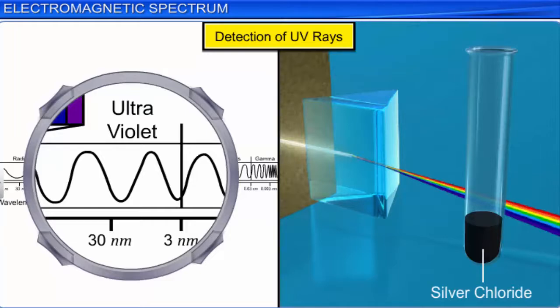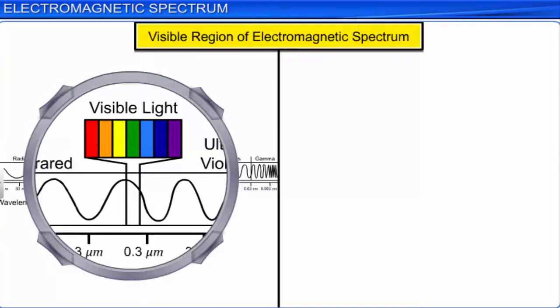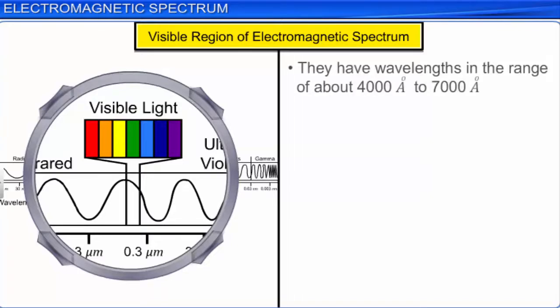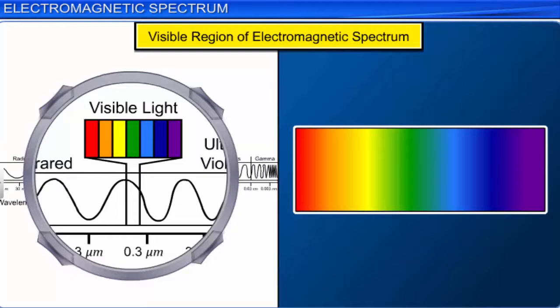Now let us learn about the visible region of the electromagnetic spectrum. This is the most familiar part of the spectrum and has wavelengths in the range of 4000 angstrom to 7000 angstrom. The atomic spectra of many elements are a source of visible light.